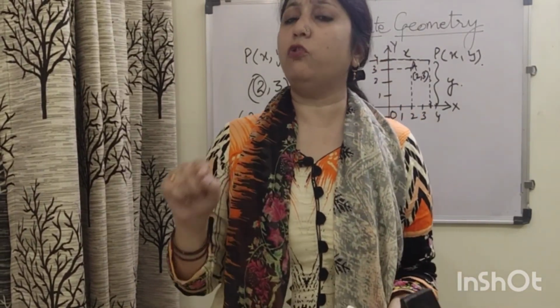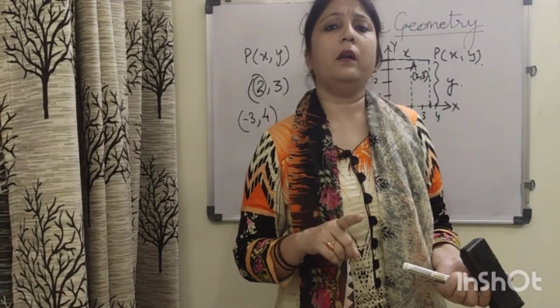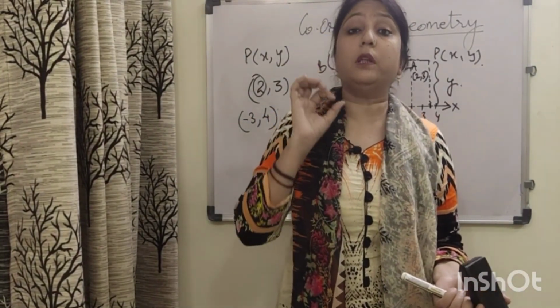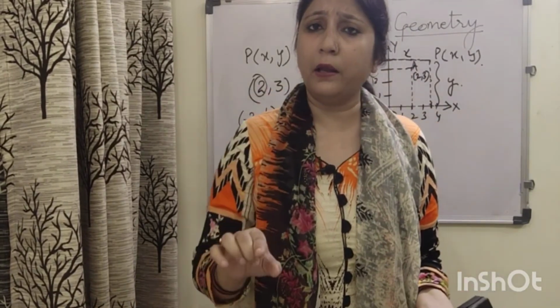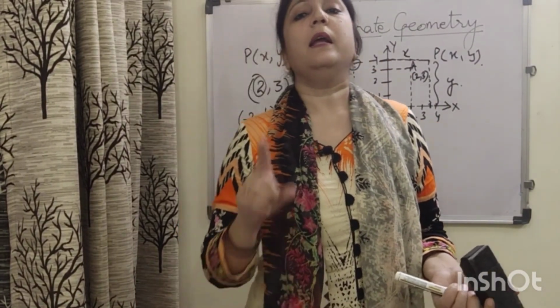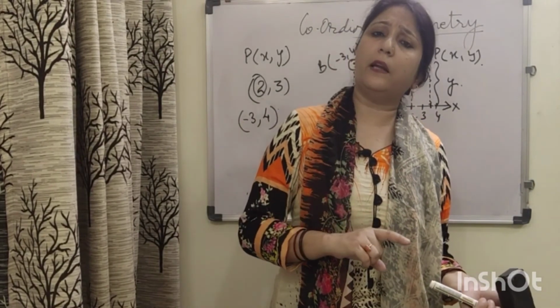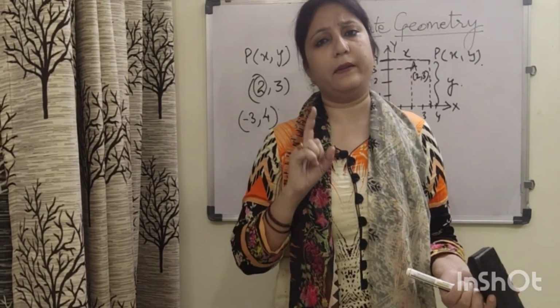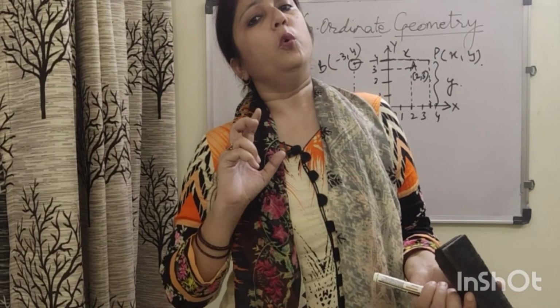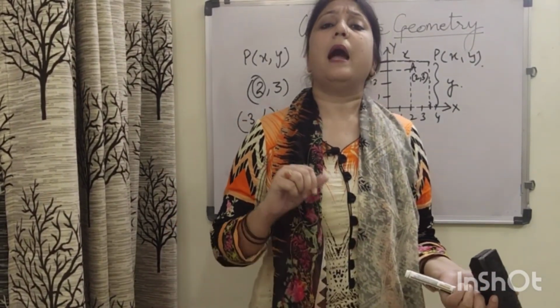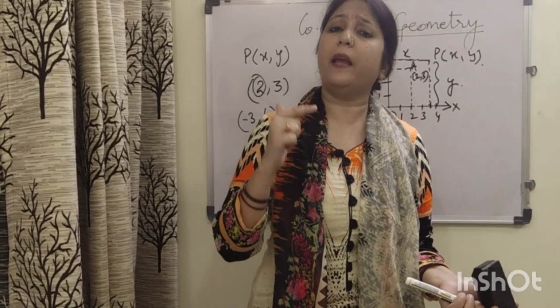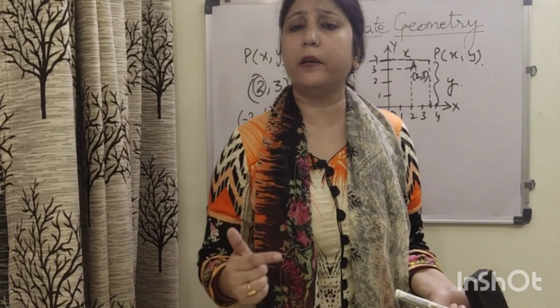And there you checked in first quadrant the point whose both the coordinates x as well as y positive will lie in first quadrant. In the second, whose x is negative, y coordinate is positive, will lie in second quadrant. Whose both the coordinates are negative will lie in third quadrant. And the one whose x is positive and y coordinate is negative will lie in fourth quadrant.